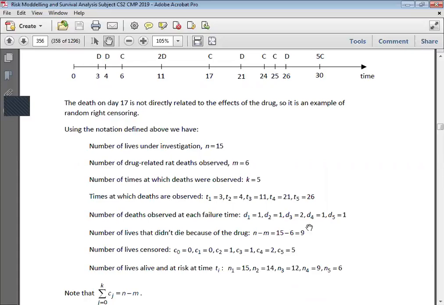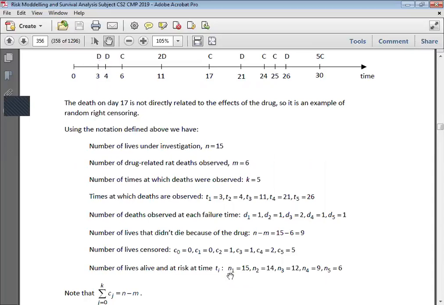So now what you will have to do is just count the number of lives you have. If you look from 0 to 3, you have all the lives that you started off with. And this is always going to be the case, because the way we are defining time intervals, the very first time interval starts here. So this is the very first interval, and then the second interval will always start from the time you observe a particular death.